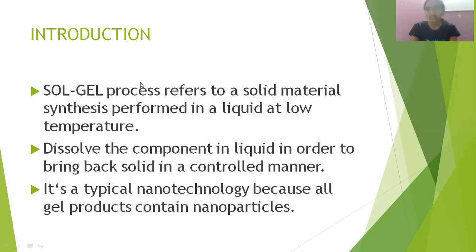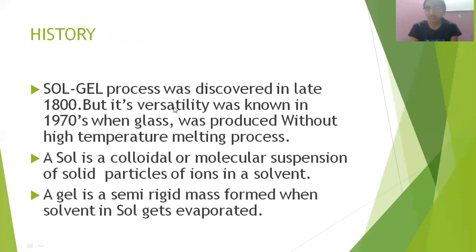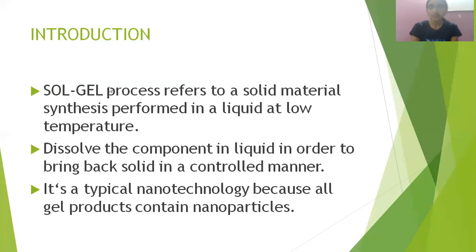So the sol-gel process is a synthesis process of a solid material from a liquid at a low temperature. In this process, we synthesize a solid material from a liquid at a low temperature. That is the sol-gel method.